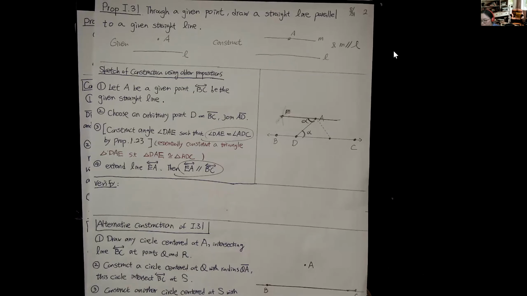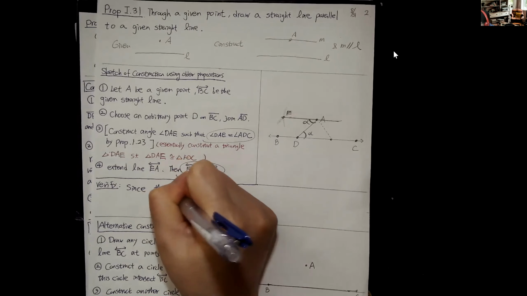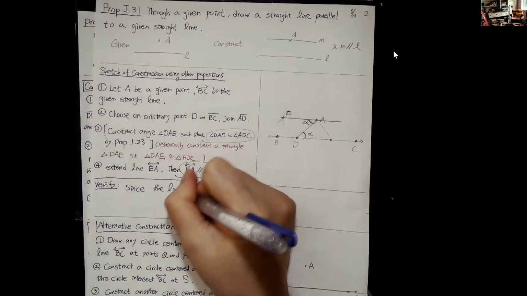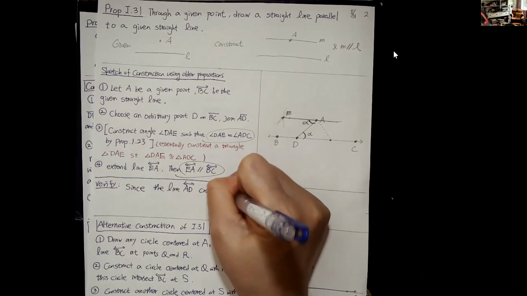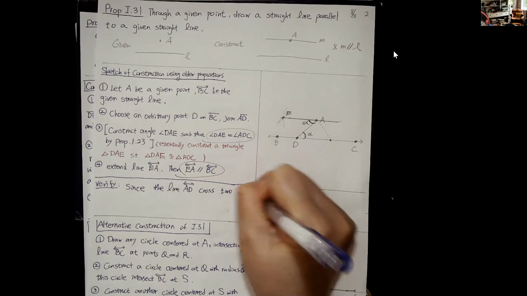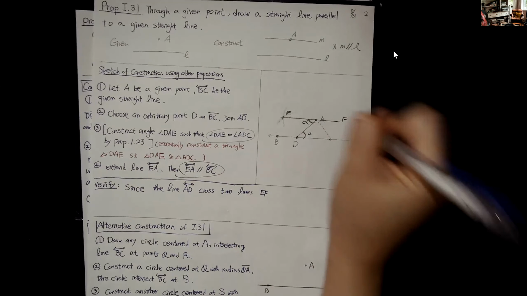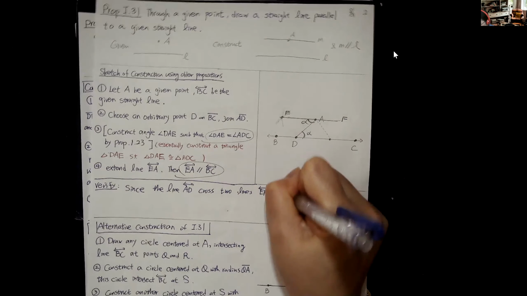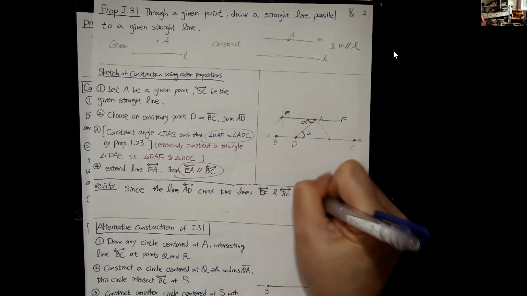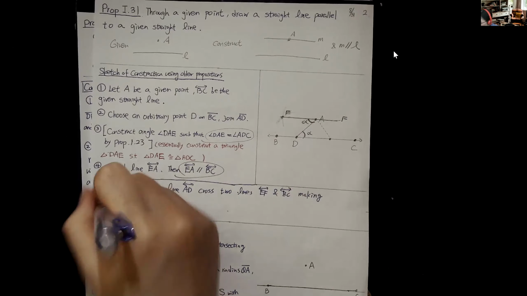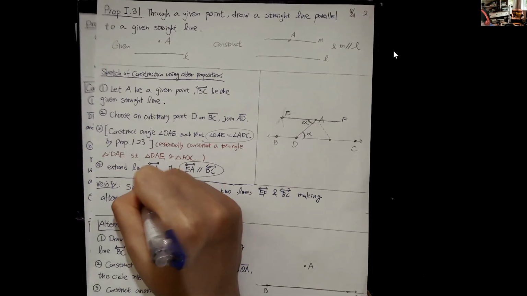Basically, we can say that the line AD is crossing two lines, EF and BC, and making alternate interior angles equal.